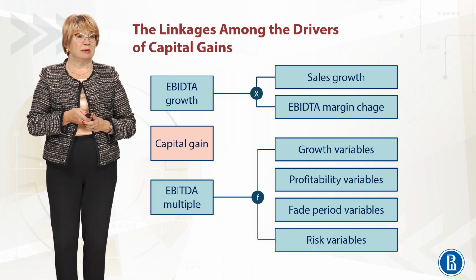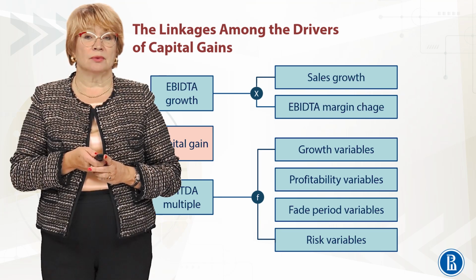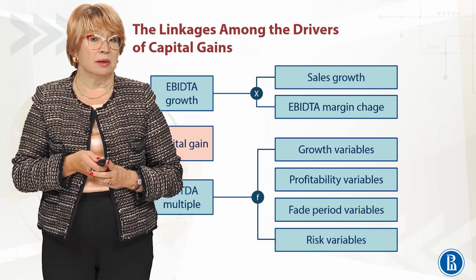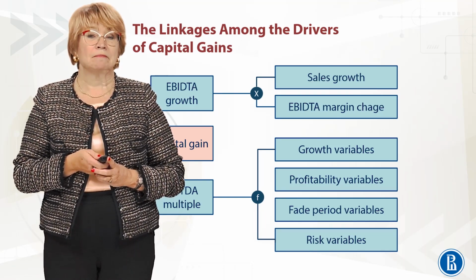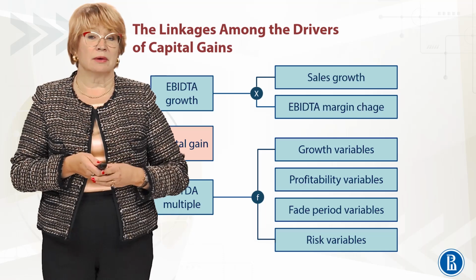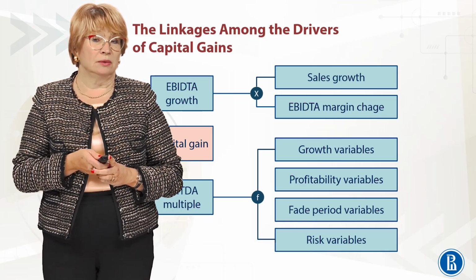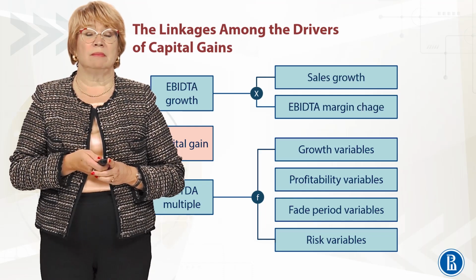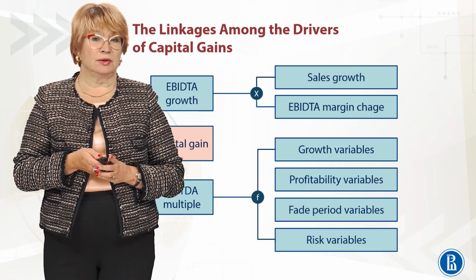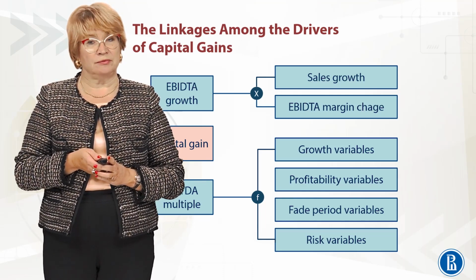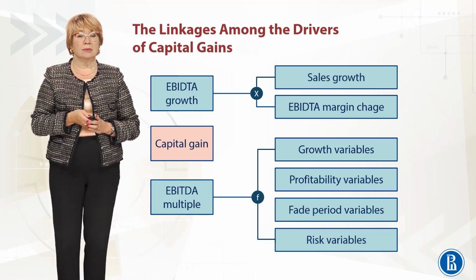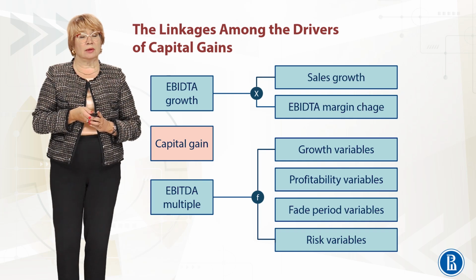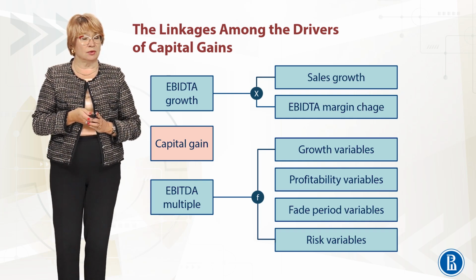And of course, EBITDA itself depends on the sales growth rate of the company and on the EBITDA margin, when you compare EBITDA in the numerator to the sales revenue in the denominator. So the change in EBITDA margin is also a very meaningful variable to understand the future perspective for TSR of any company. The multiple based on EBITDA is a description of the expectations of the investors.